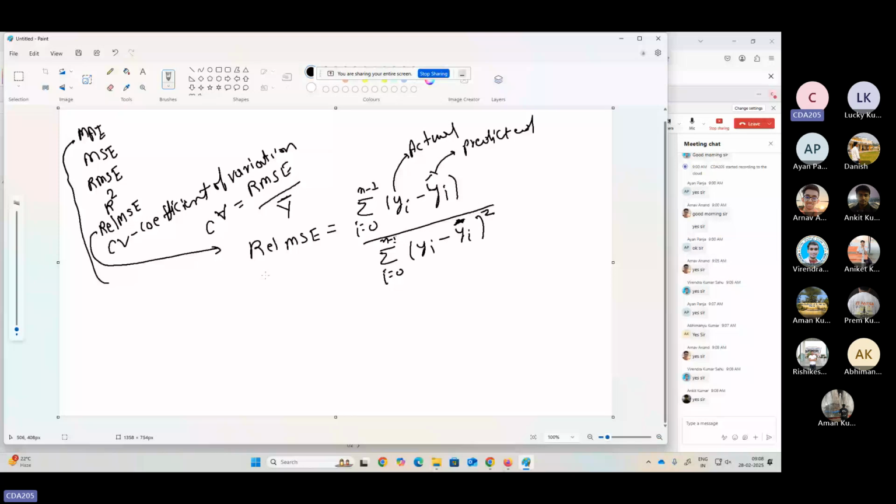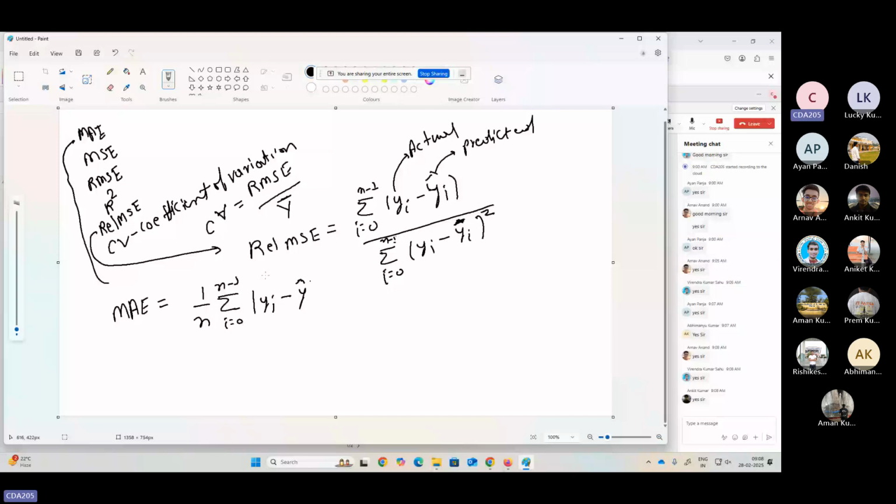So first one is the MAE. What is the formula for this? This is 1 by n summation i equal to 0 to n minus 1 of yi minus yi cap.